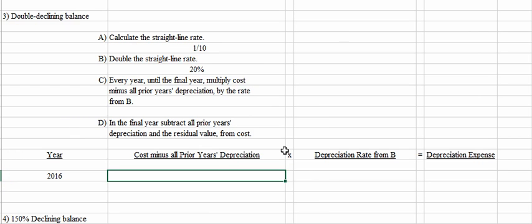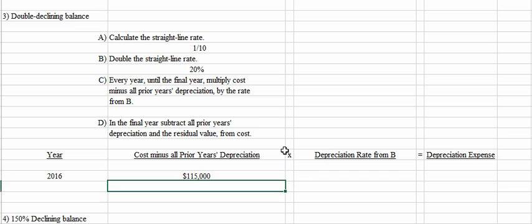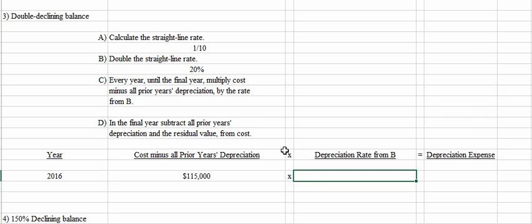we're going to take cost minus all prior year's depreciation. Well, in this case, that's just our cost. We haven't taken any depreciation yet. We're going to multiply by the rate from B, which was 20%, and that's going to give us our depreciation expense, or it would give us our depreciation expense for a full year.